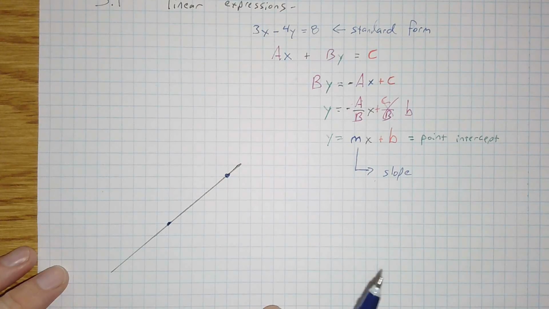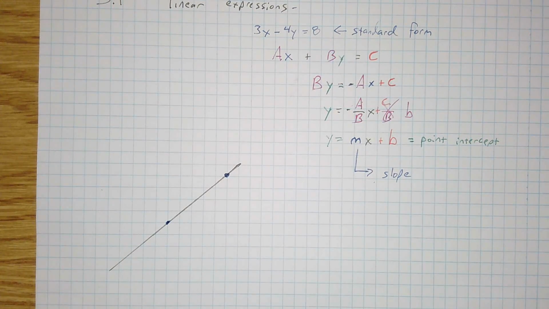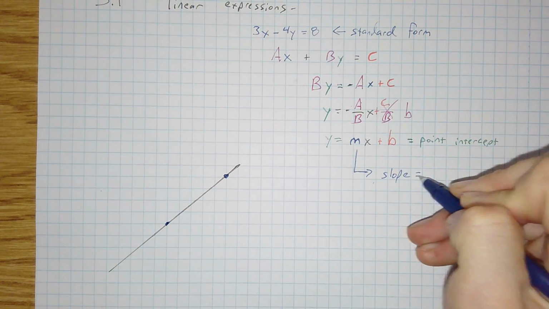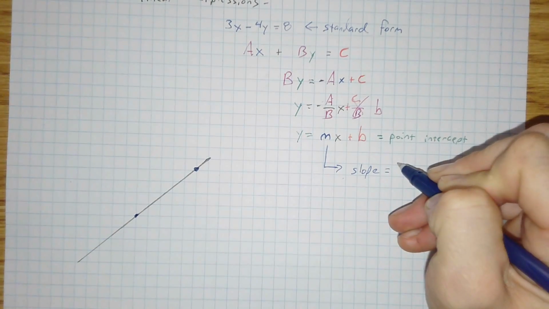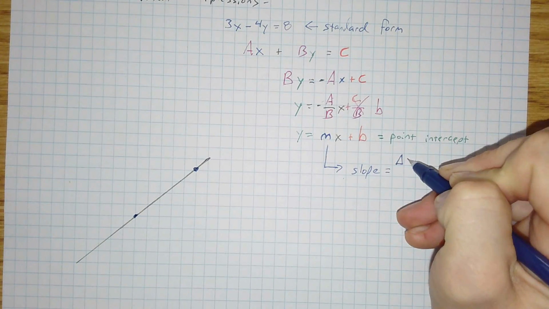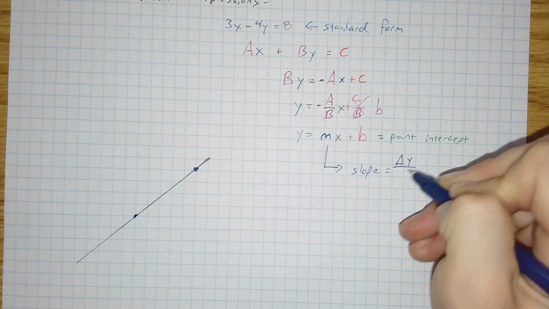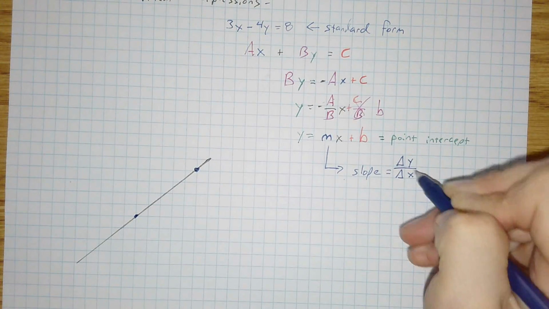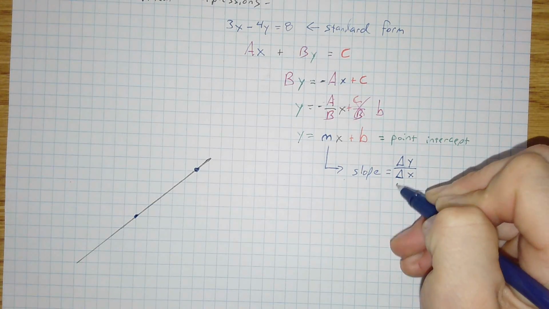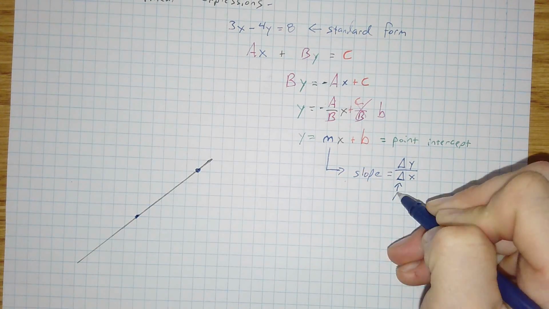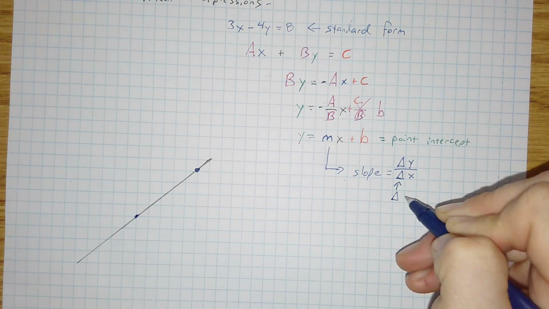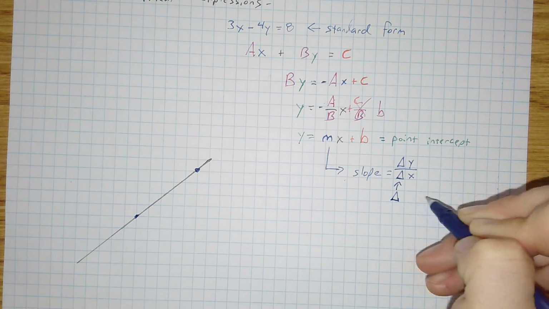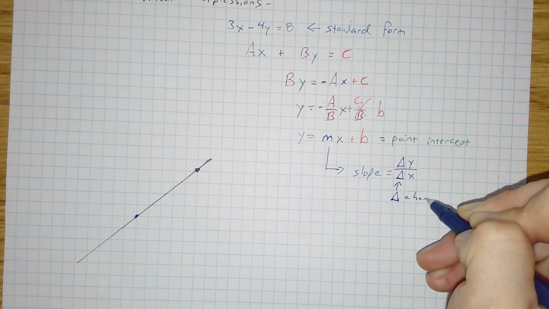And I want to figure out what the slope is. The slope is defined by the change in y divided by the change in x, and that's what that triangle means. This is delta, the Greek letter delta, right? And delta in both math and physics is change.